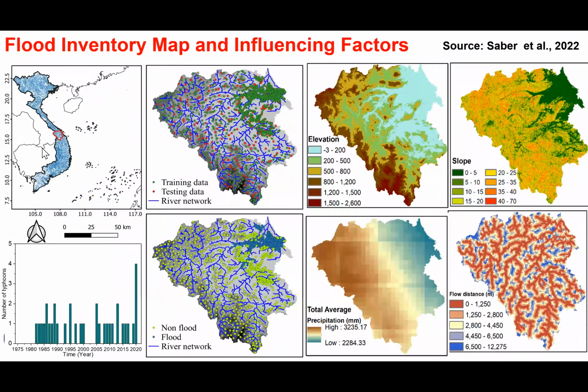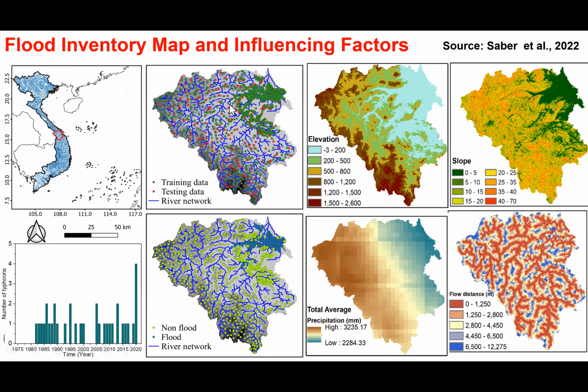So in the Cagayan River Basin in the Philippines, and this is the Vu Gia-Thu Bon basin in Vietnam, sorry, this is the Vietnam, and this is our target basin, Vu Gia-Thu Bon. Then we have different inventory maps and influencing factors which are affecting the flood inundation in this basin.